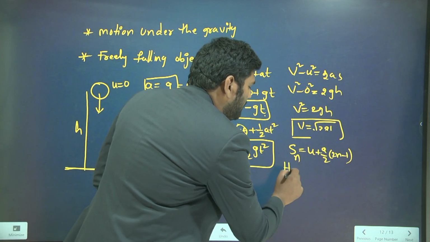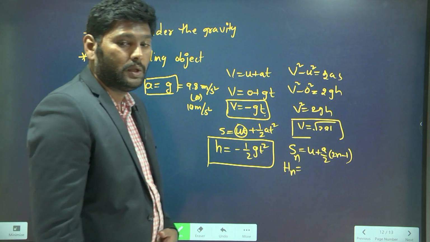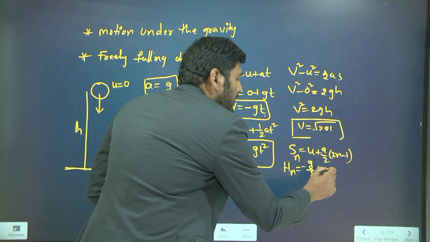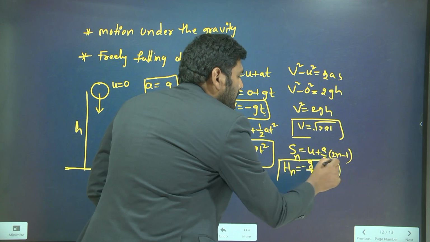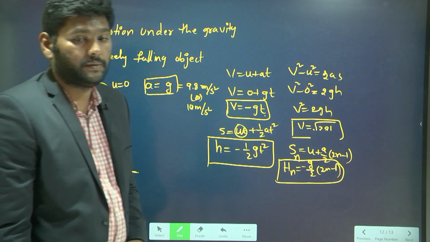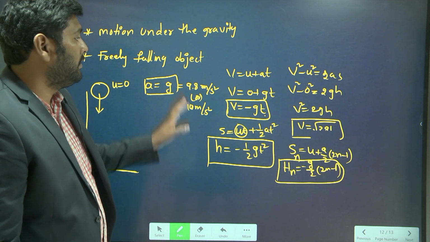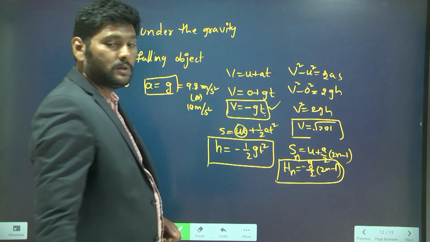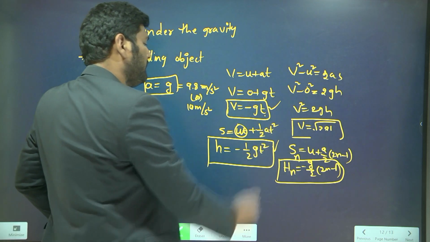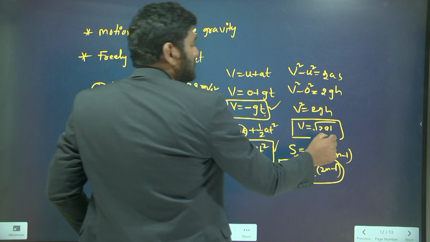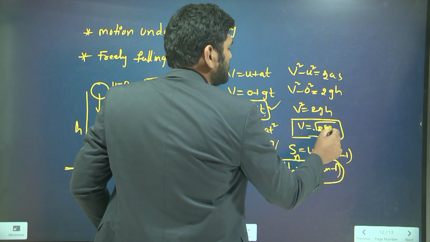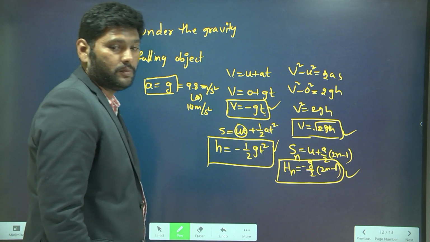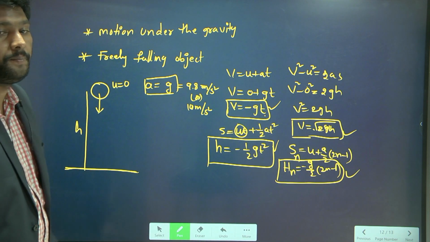The height travelled in nth second is equal to g by 2 into 2n minus 1. This is the way the equation changes. Understand? So for a freely falling body, this is the first equation of motion, this is the second, this 2gh is our third equation, and this is the fourth equation of motion for the freely falling body.